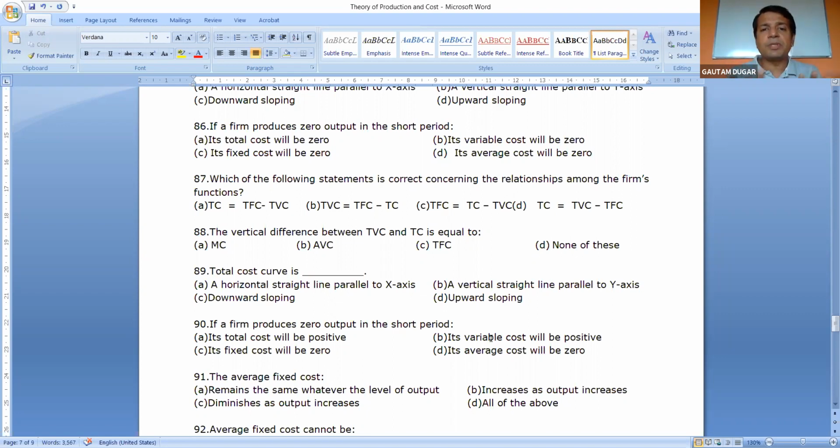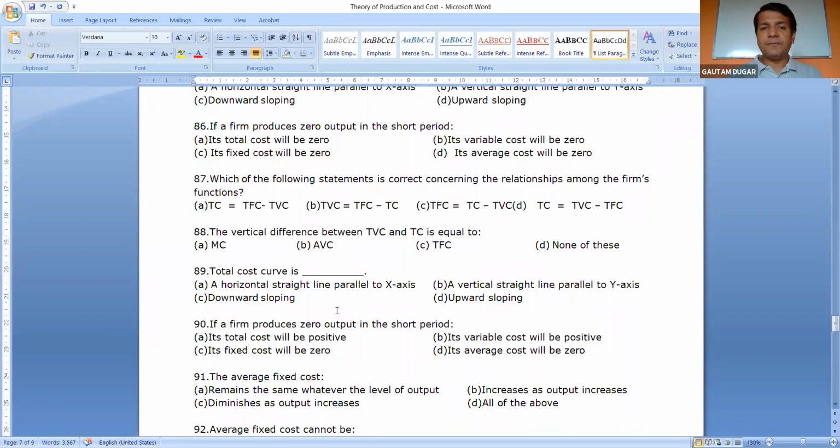Option B will also not be possible. But option C is possible. Why? TFC equals total cost minus total variable cost, because you change the sides. We said total cost is equal to total fixed cost plus total variable cost, so changing the sides, total fixed cost is equal to TC minus TVC. So 87, the answer is C.